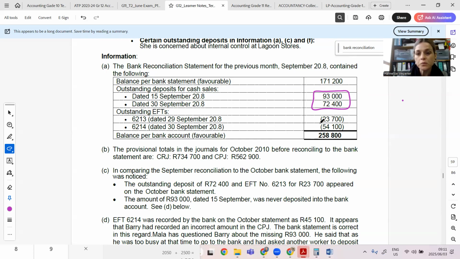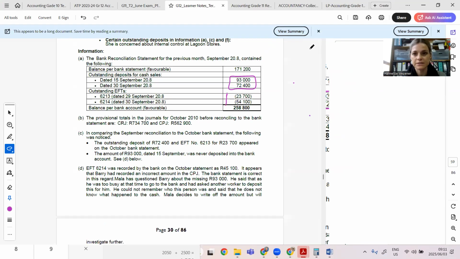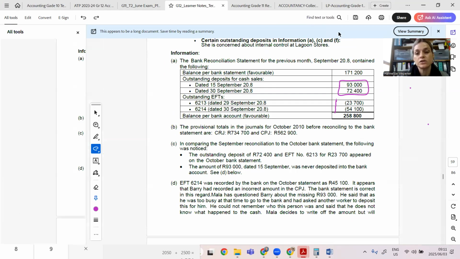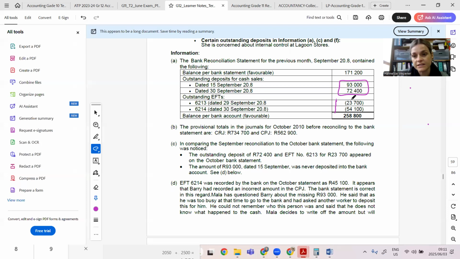With my EFTs, I said that these EFTs are in my CPJ, and I now need to see if they finally reflect on my bank statement, because these are payments I made in September that might just have been delayed in showing on my bank statement, or that I actually didn't make. The accountant maybe made an error. So I need to see if this is now finally on my bank statement.